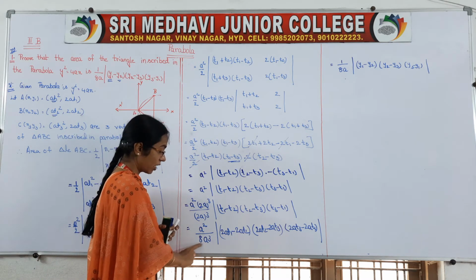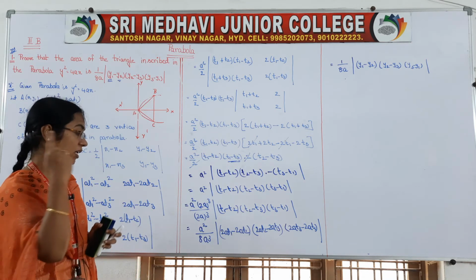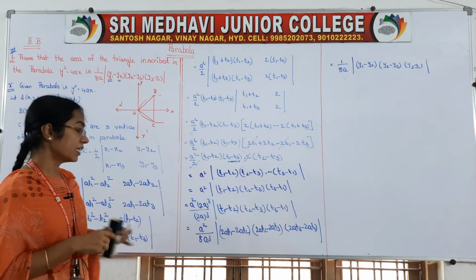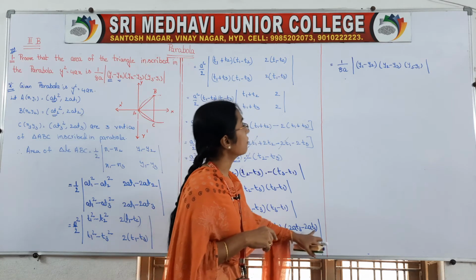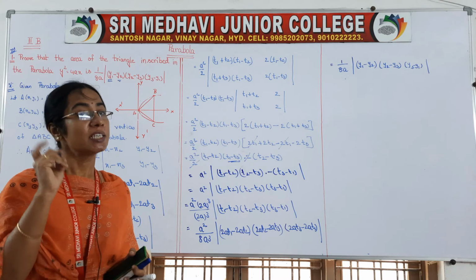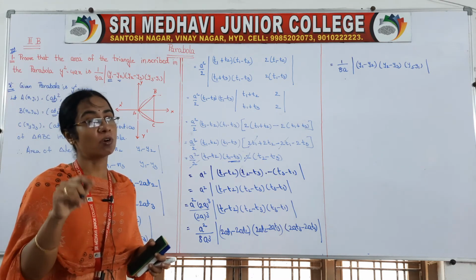So it is a square by 8a cube. Then your a square will get cancelled, and it will be 1 by 8a, right. And this is y1 minus y2, y2 minus y3, and y3 minus y1. That is the required area of the triangle which is inscribed in a parabola.